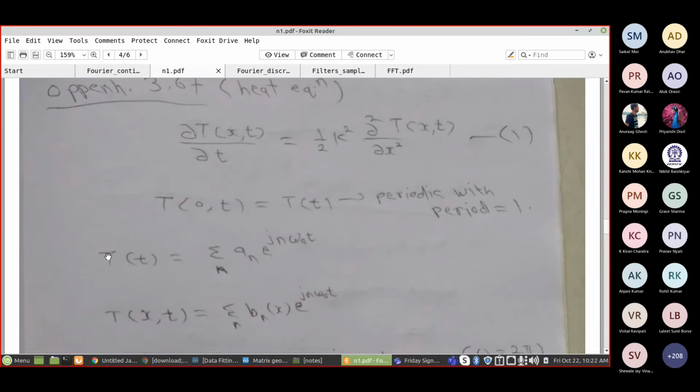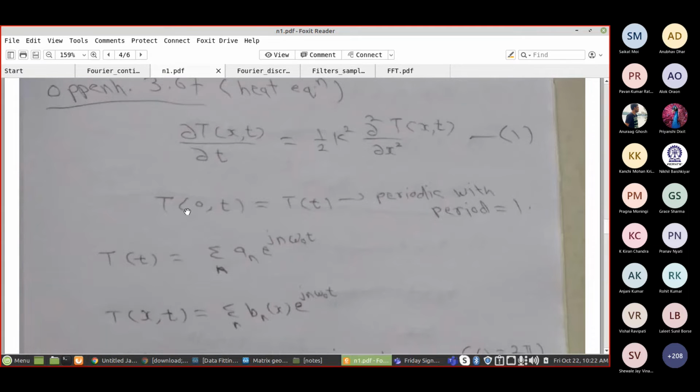This temperature profile as a function of t, we can write as a sum of complex exponentials with coefficients a n, which will be determined by whatever function we have. So a n gets fixed like that. This is straightforward. And now, this is not so straightforward.